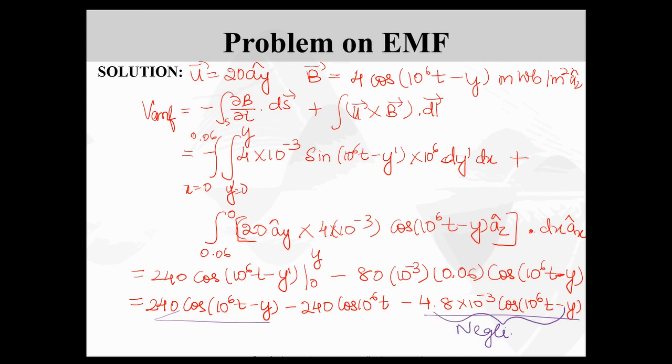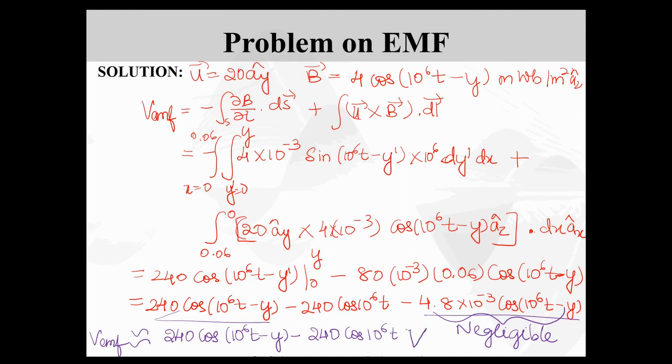That means the induced voltage arising due to the motional EMF is negligibly small when compared to that of the transformer EMF. So therefore we can approximate the VEMF in this case as 240 cos 10 raised to 6 t minus y minus 240 cos 10 raised to 6 t.